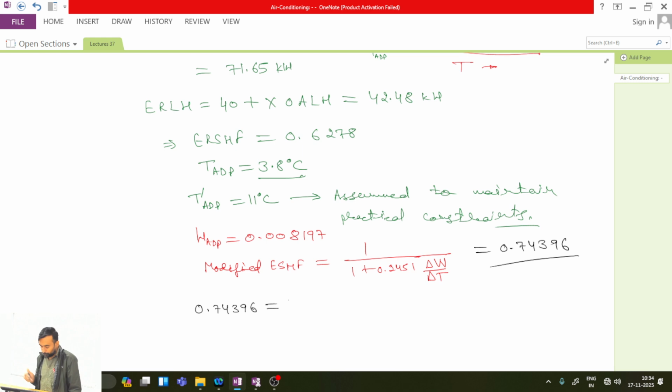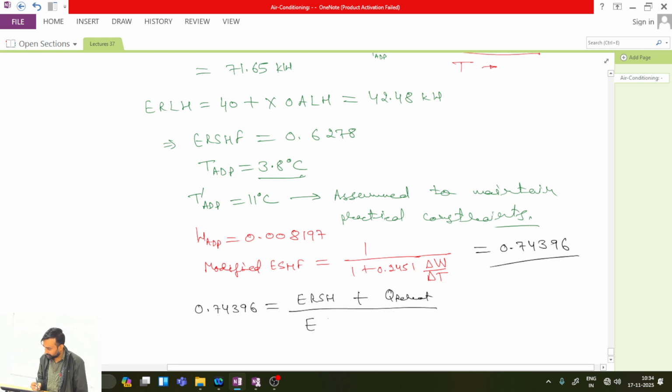So what I have to do now is, in the effective room sensible heat, add some quantity which I am calling Q reheat, and similarly in the effective room total heat, add this quantity Q reheat, such that the reheat value is selected in a way that satisfies this equation.